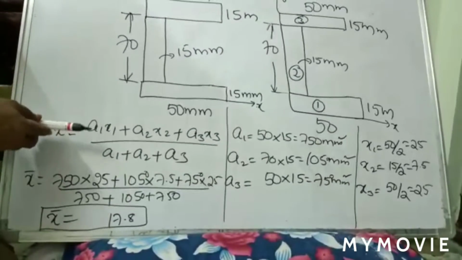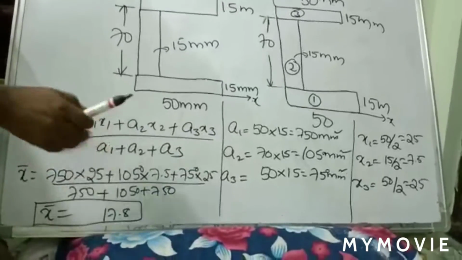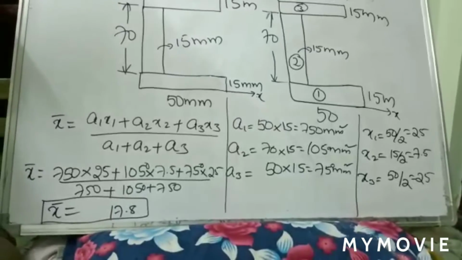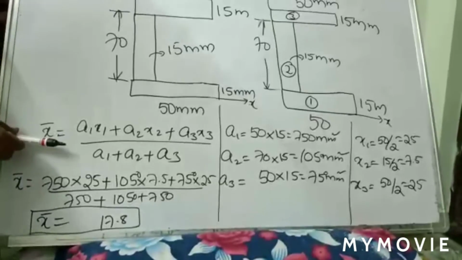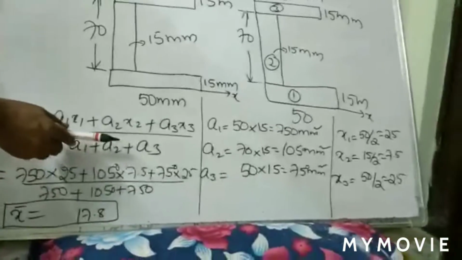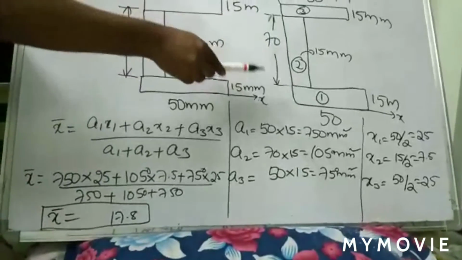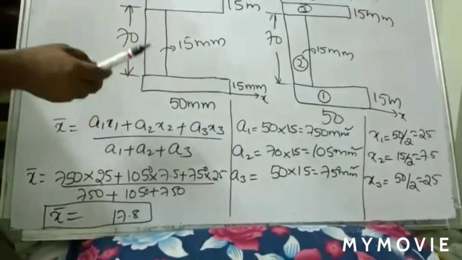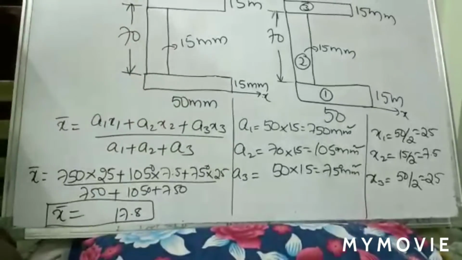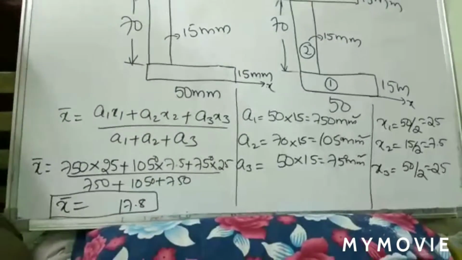The formula is as usual: x bar equals a1 x1 plus a2 x2 plus a3 x3 by a1 plus a2 plus a3, right? Here a1, a2, a3 because we have three parts, and we are calculating the centroid about the x axis, so x1, x2, x3. Now calculate what a1, a2 and a3 are.